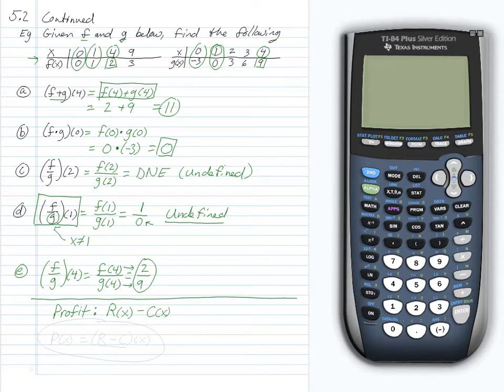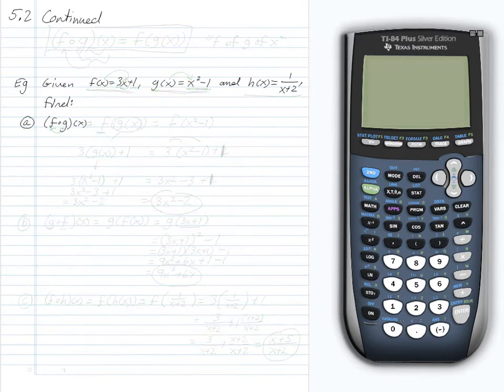So we could think of our profit function as R minus C functions. So we're sort of extending that notation to the notation that we are seeing in this section. This is how we might think of the profit function, the difference function between the revenue and the cost.